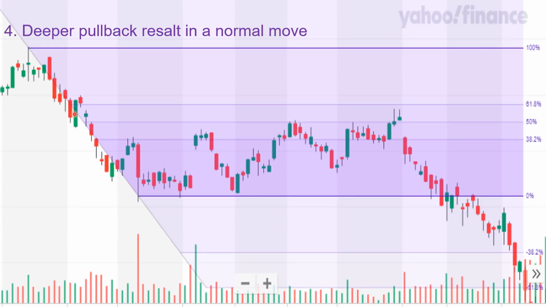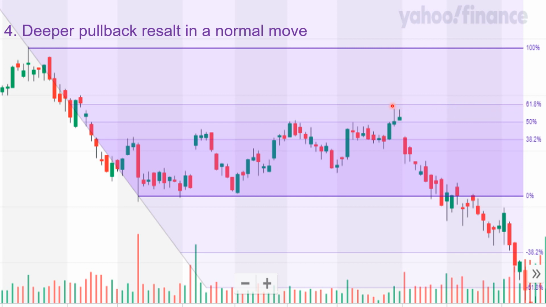This is the same price trend as we saw before. Now the Fibonacci tool is plotted using the high and the low of the downtrend move. We see the retracement goes to 0.618.